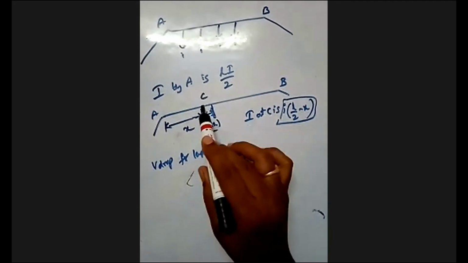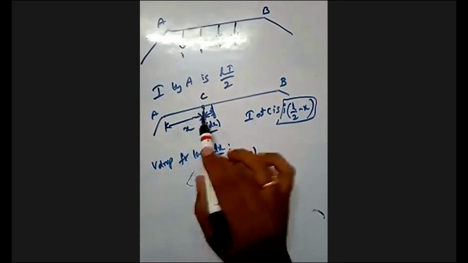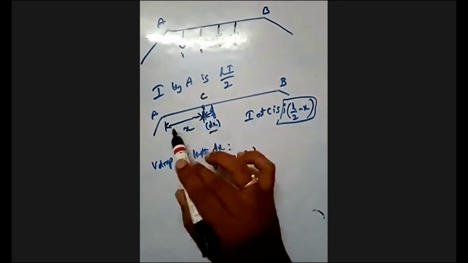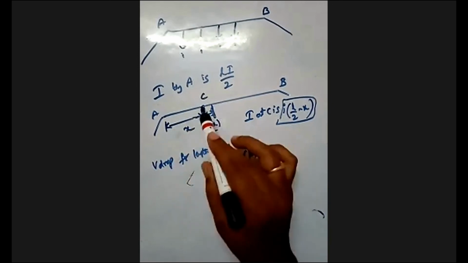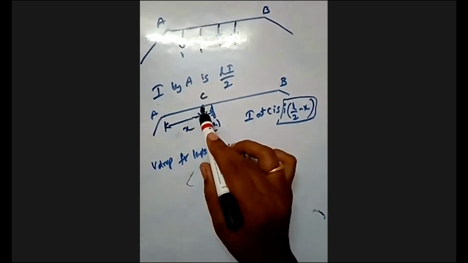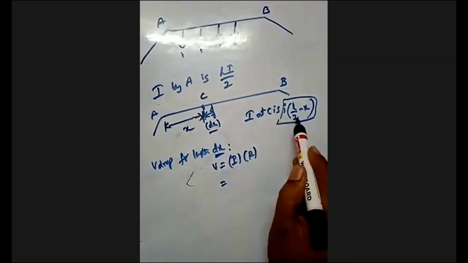At point x we know the current, that is, the current at C, which is at x meters. The current at C is I into L by 2 minus x.